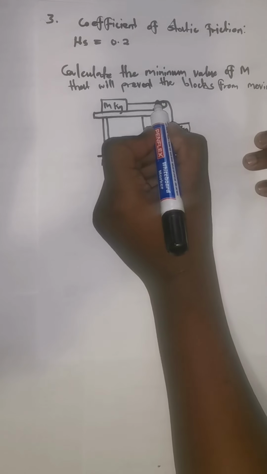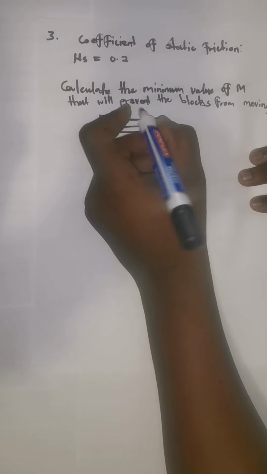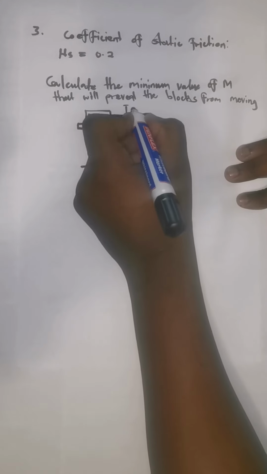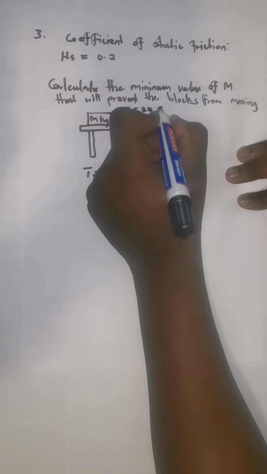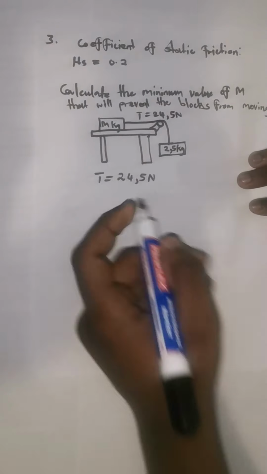So since we know that there is tension right here in the Y, and this tension exerts a force of 24.5 newtons, that means that this block also experiences that force, right?